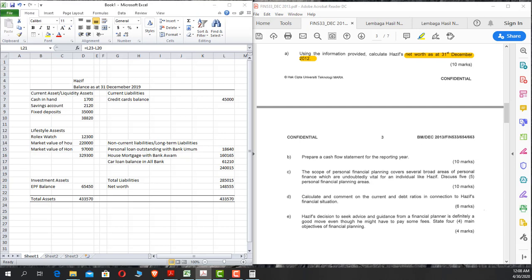Kalau yang current ratio, awak tengok based on your liquid asset bahagi dengan your current liabilities.